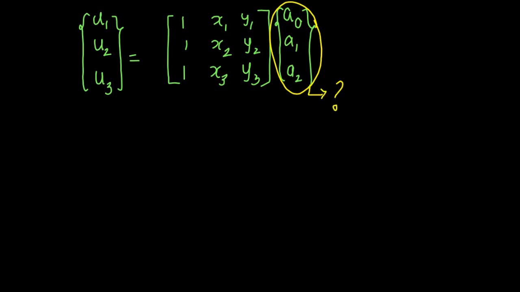Maybe you can call this the M matrix. I'm just giving a name here. If you want to find the values of a0, a1, a2, you have to throw this M matrix to the other side. It becomes M inverse.